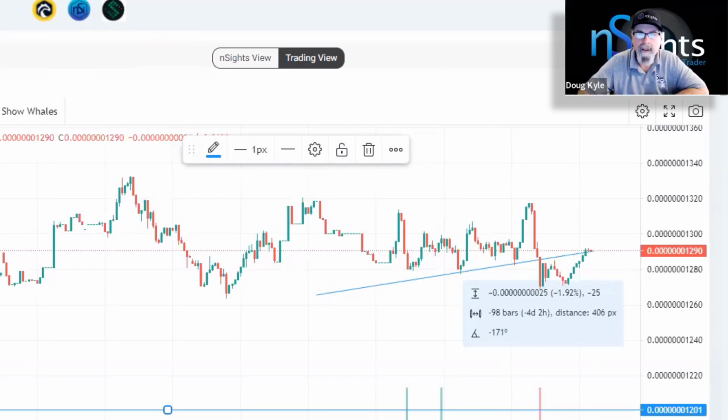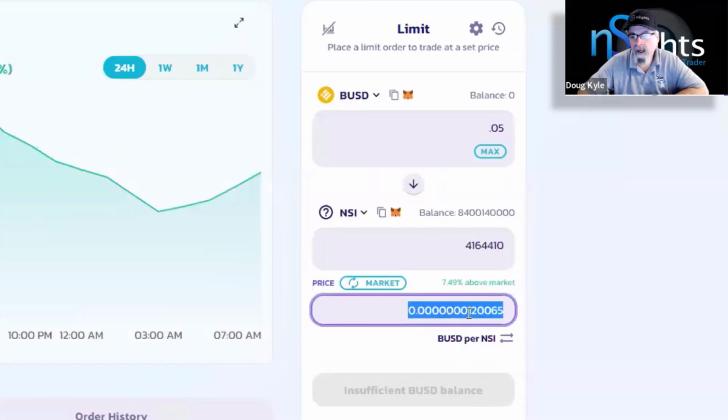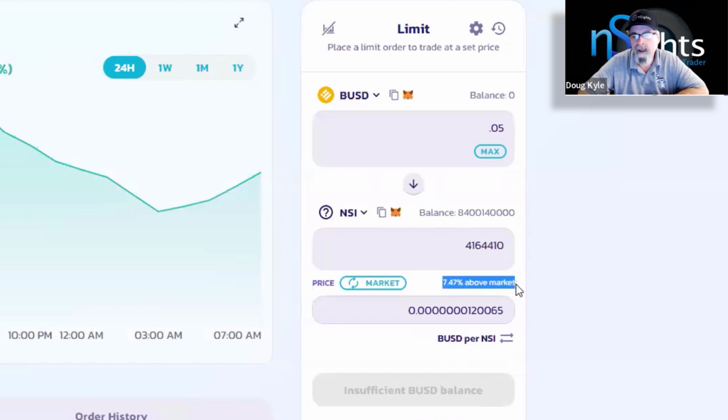So here's what I did, guys. I changed this to 12.0, and it says I'm 7.49% above the market. Above the market, to me, means above the market. I mean, if the market price is X, it's above that.